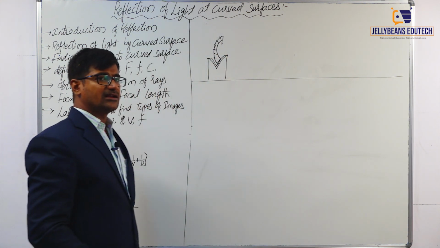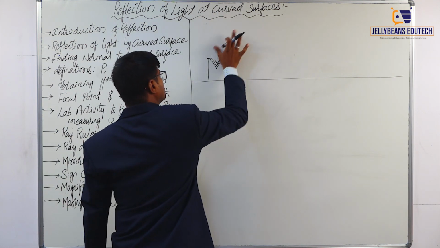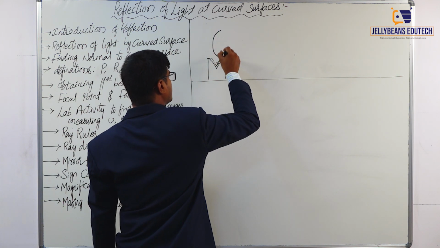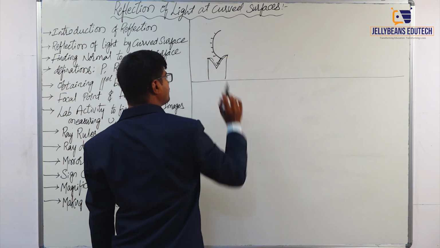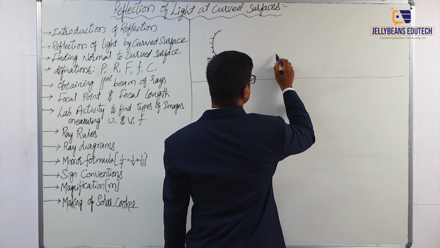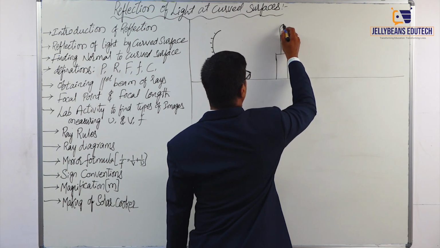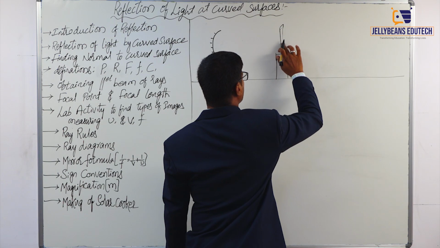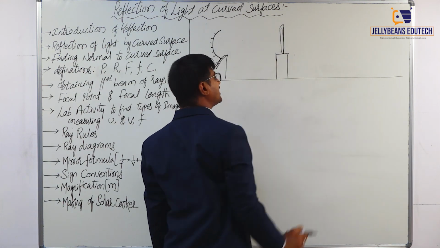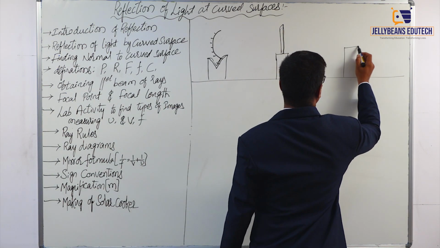As we know that this is a converging mirror, so I consider a concave mirror, like this. Here I consider a screen. Screen is nothing but a white cardboard sheet, or we can consider it as a white paper also, where the image is going to be captured. And here I consider a candle.